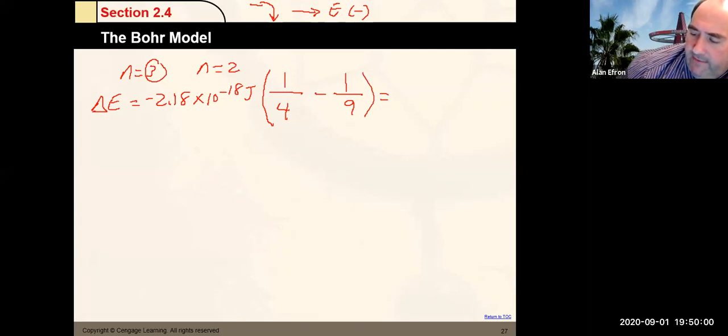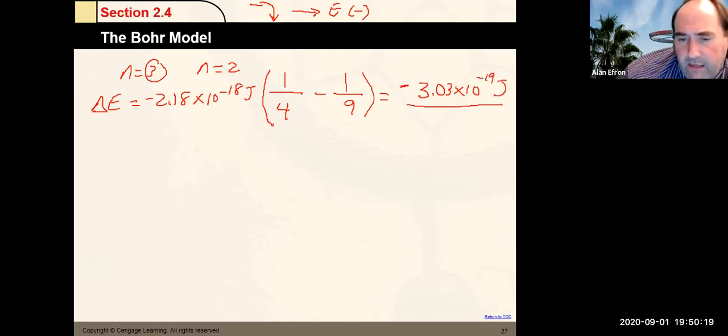So 1 divided by 4 minus 1 divided by 9 times 2.18 to the minus 18, going to give us 3.03, also going to be negative here, 3.03 times 10 to the minus 19 joules. And again, negative, which is what we would expect to happen.